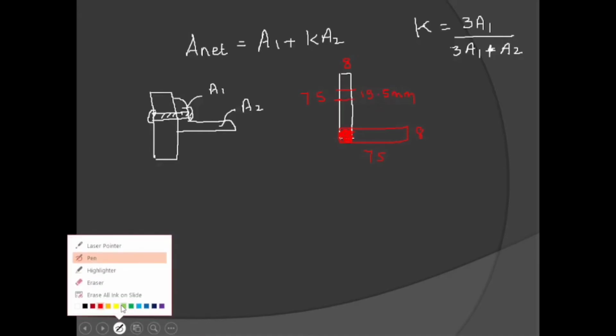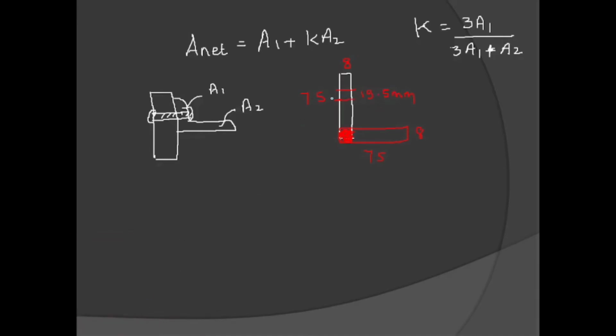Now, A1 needs to be calculated separately and A2 needs to be calculated separately. A1 will be equal to 75 minus 8 by 2 minus 19.5 into thickness, which is 8.